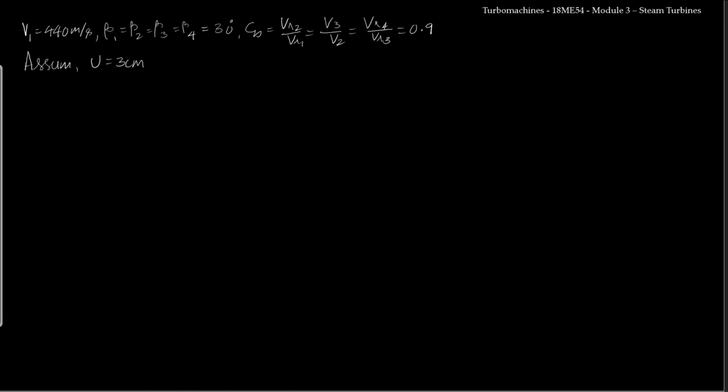Now I also have to satisfy the condition, which is alpha 4 as 90° and V4 should be equal to VF4. So to satisfy this condition, I'll start from the outlet velocity triangle of the second stage.